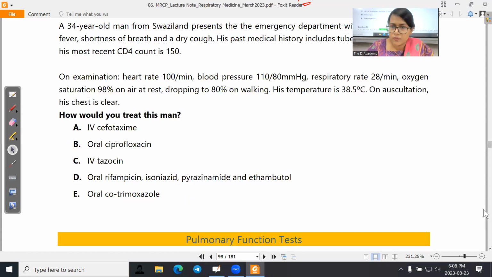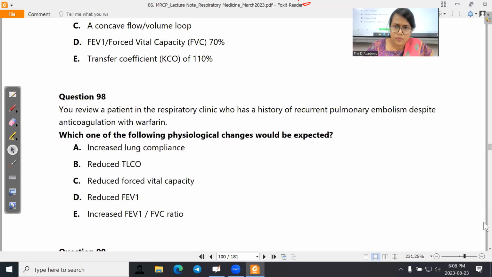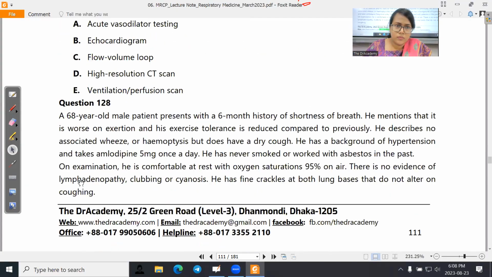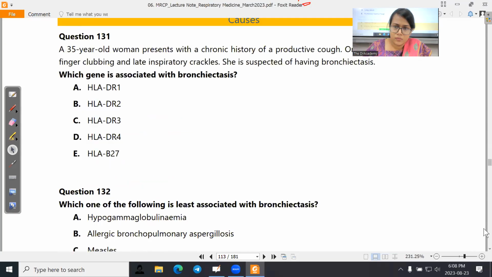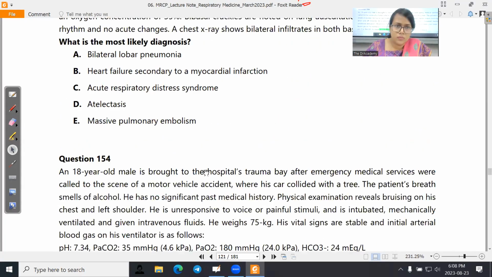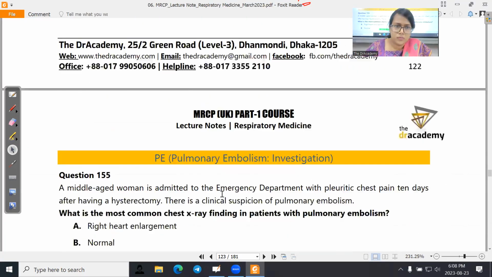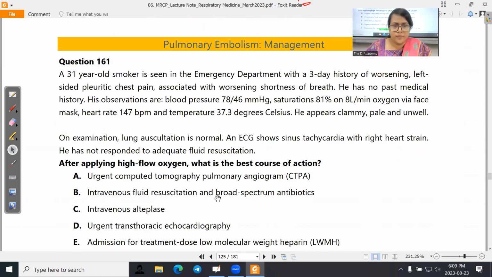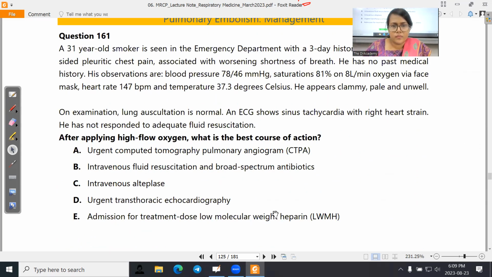Question 161. Let's go. All right. So I think this question goes back to Dr. Pratasha again.